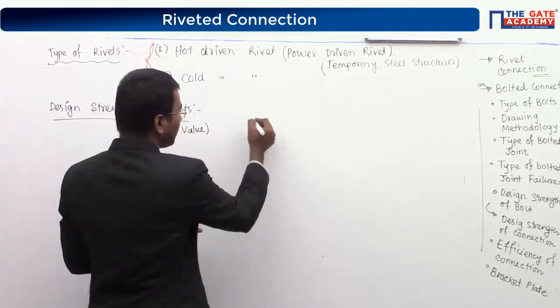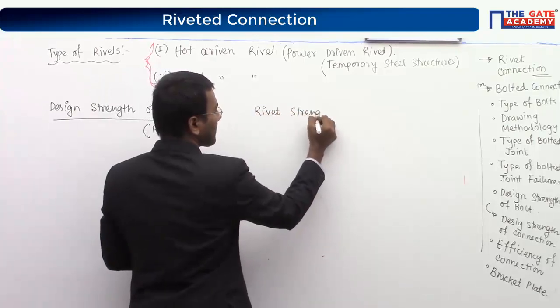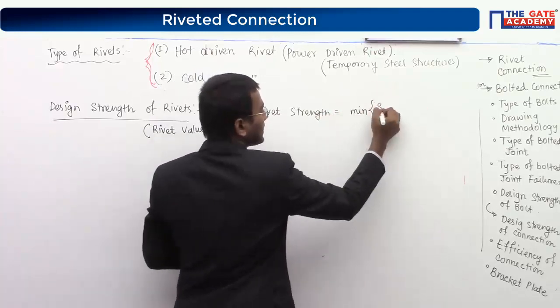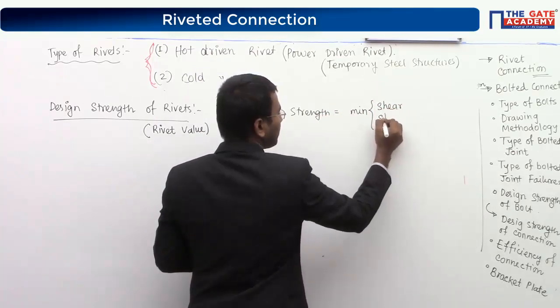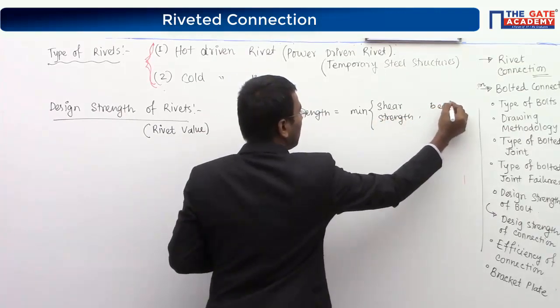So rivet strength or rivet value equals the minimum of the shear strength of the rivet and the bearing strength of the rivet.